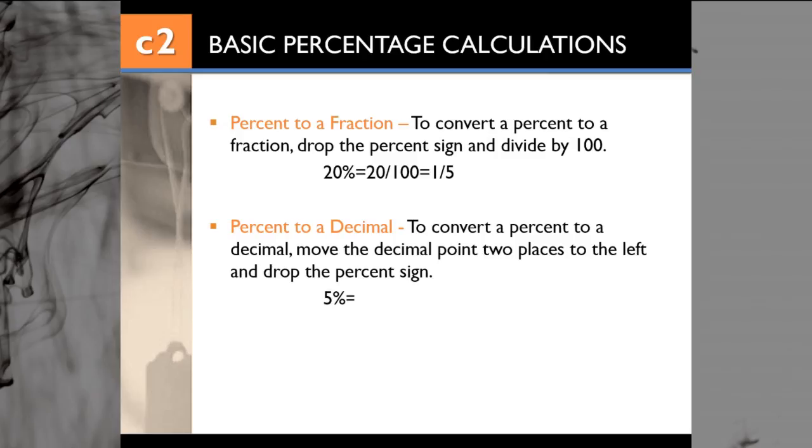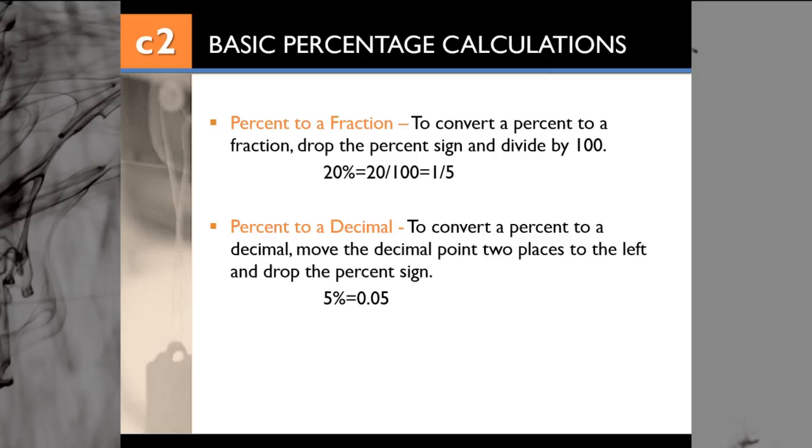To convert a percent to a decimal, move the decimal point 2 places to the left and drop the percent sign. So you divide by 100. 5% divided by 100 is 0.05.